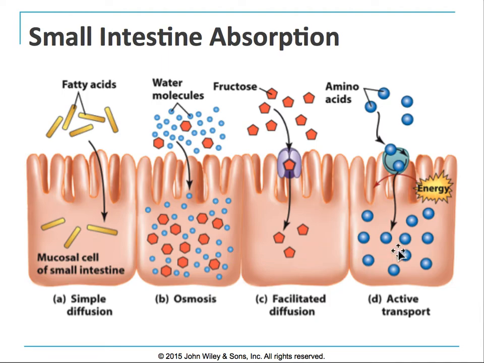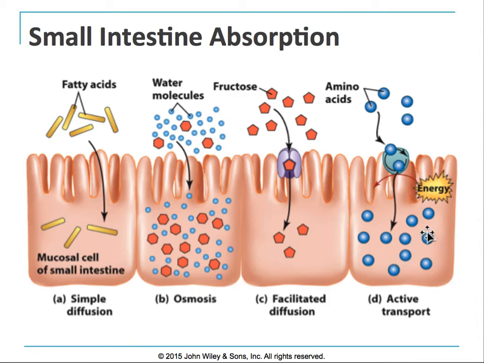Now, in the last example, we have amino acids, and we see here that there are way more amino acids down here already inside the lining than there are outside. So it's getting pretty crowded down in the lining of your small intestine.